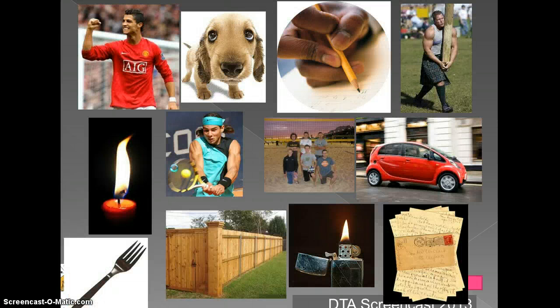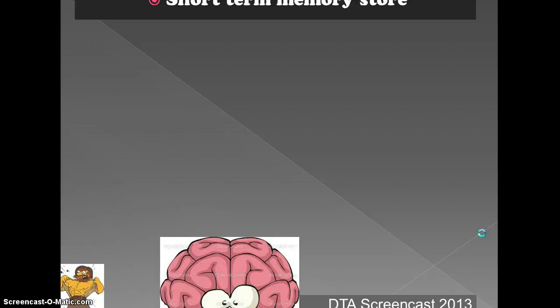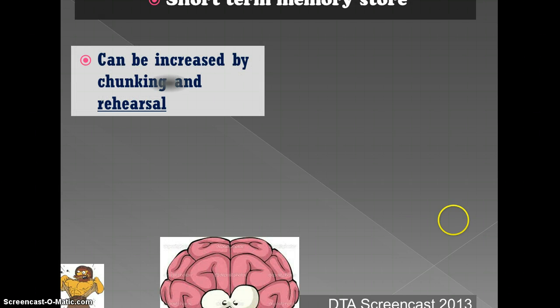So more than likely you'd have held on to ones that are of slightly more interest, maybe the dog or a sporting one there. Ones that you maybe have missed out would be the letters. So the more interesting something is, the more likely it is to be retained into your short-term memory, and then hopefully into your long-term memory. So the important things to note here, especially for sports, is rehearsal and chunking.